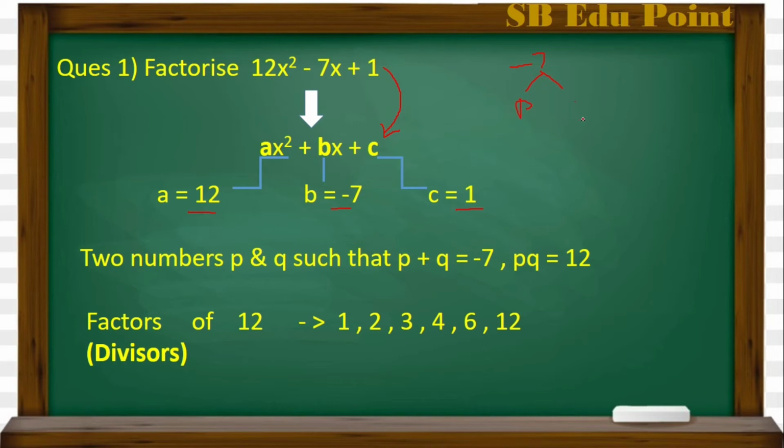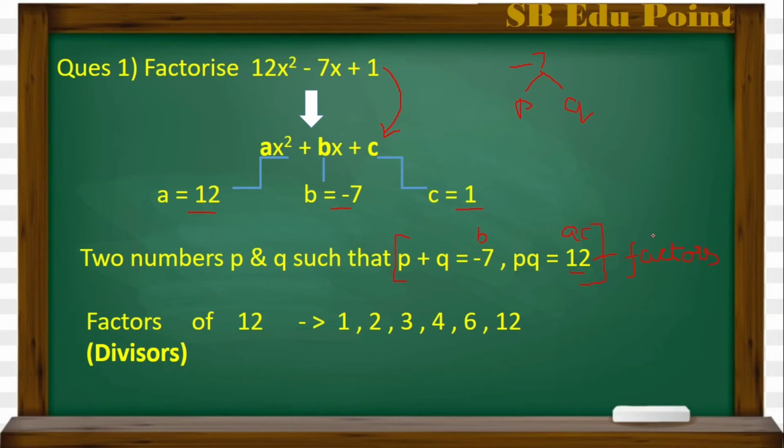The two numbers will be p and q, and the condition applied is that the sum of the two numbers will be equal to b, that is minus 7, and the product of the two numbers should be the product of a and c, which is 12. In the next step, what I need to find is the factors, or divisors, of 12.